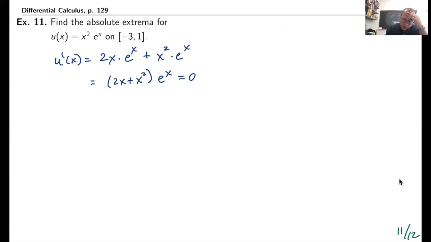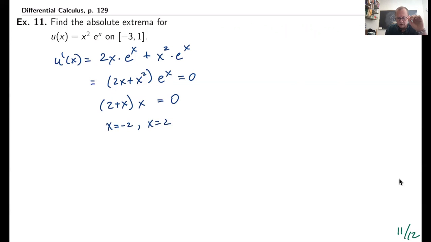And so I'm going to take and factor that into 2 plus x and x. If you want to write the e to the x down, you can, but it's not going to be 0. And this says that either my x is -2 or my x is 0.